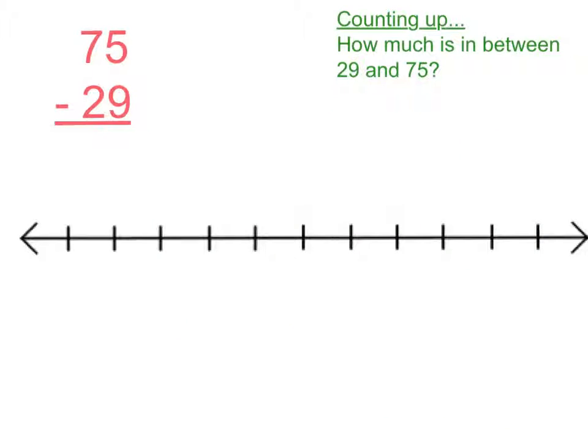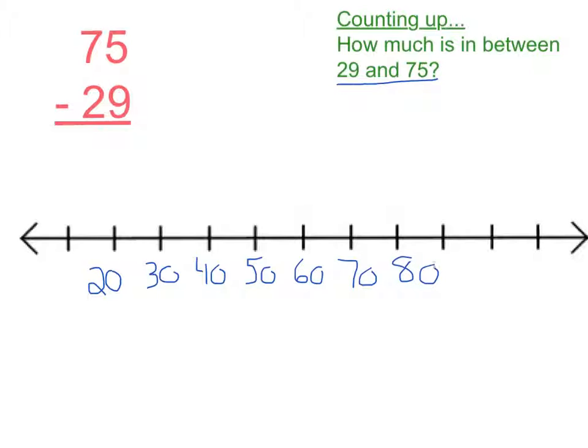Alright, here is our last example using method 3. And this time, remember, we're counting up on a number line and figuring out how much is in between 29 and 75. So I'm going to number my number line. Let's start with 20 and go up to 80. So 20, 30, 40, 50, 60, 70, and 80. Let's plot the numbers. So 29 would be just below 30, and 75 in between 70 and 80. And let's count how many times we have to jump.